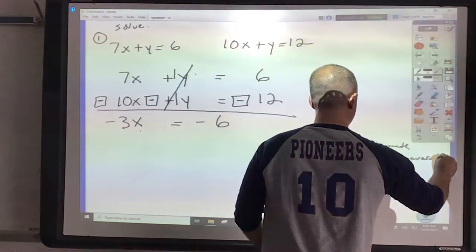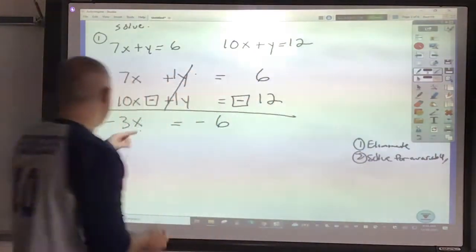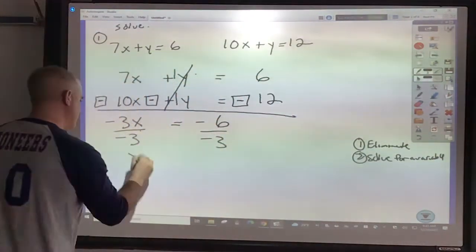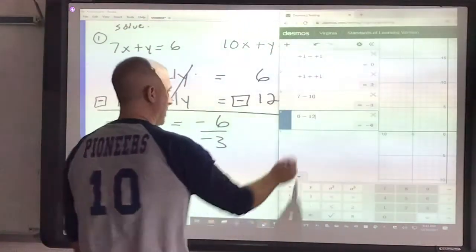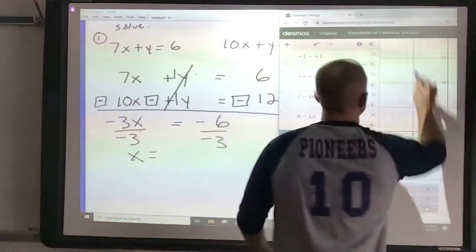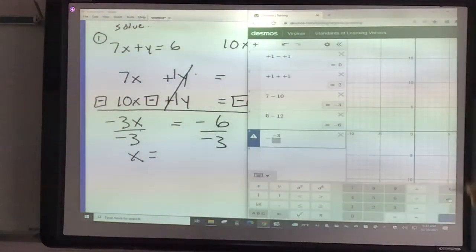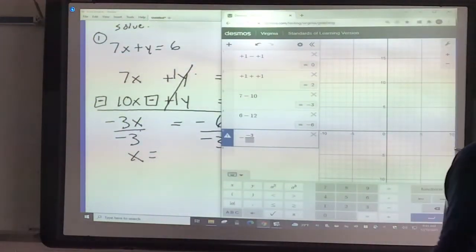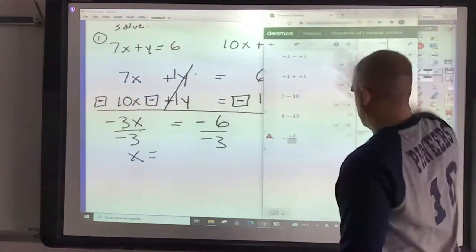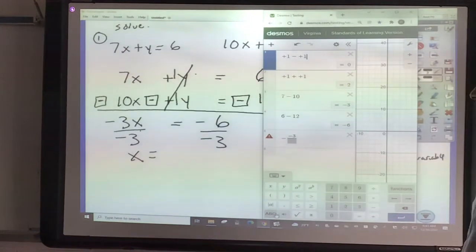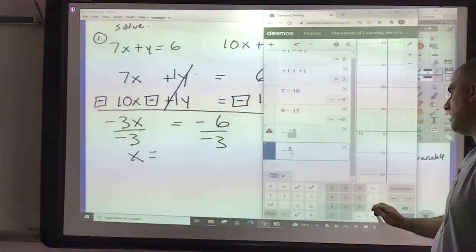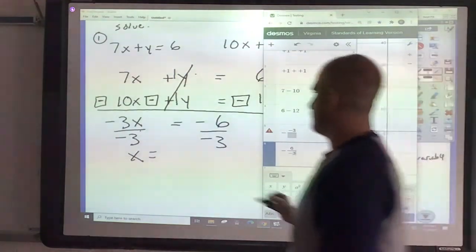The way I would solve this one is I would divide this by negative 3, divide this by negative 3, so x equals negative 6 divided by negative 3, which is positive 2.